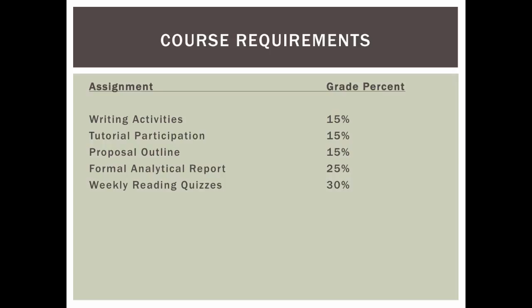So each cycle, you will finish a reading quiz before the content is covered in lecture and in tutorials. Each piece here is explained thoroughly through Blackboard Learn, and in talking about each one today in this lecture. But then also I have further instructions and other videos later on in the semester.